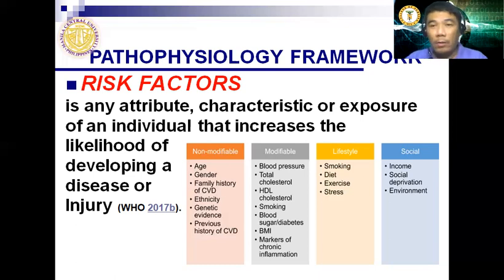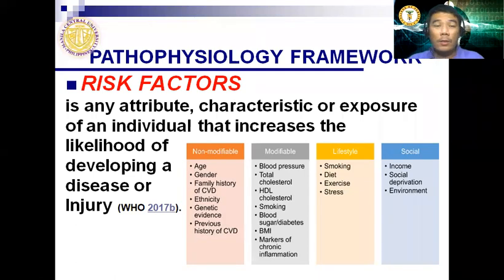That may consider the degree of the signs and symptoms that we may identify. But even though they are categorized as mild, moderate, and severe, most of the risk factors are very common. That's why nurses must be guided accordingly to ask the clients what risk factors are being considered. So that explains that these are attributes, characteristics, and exposure.